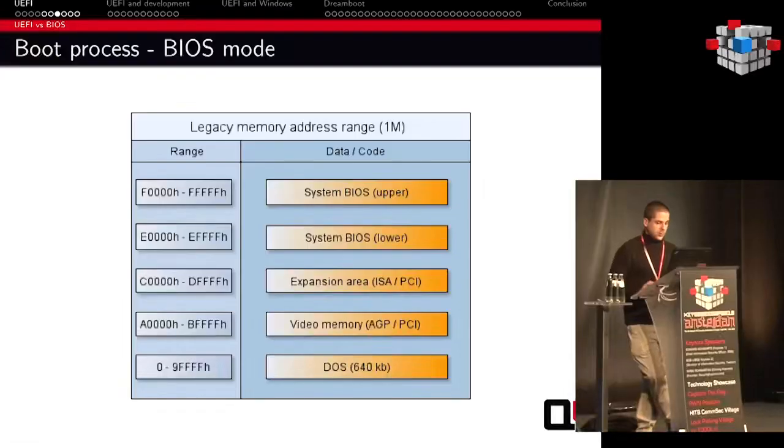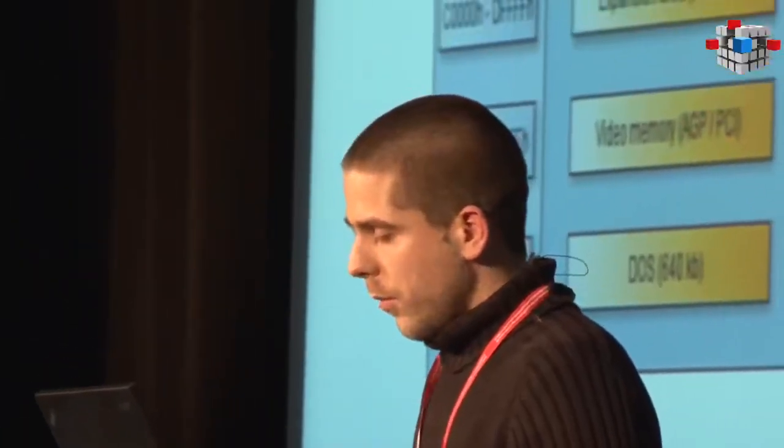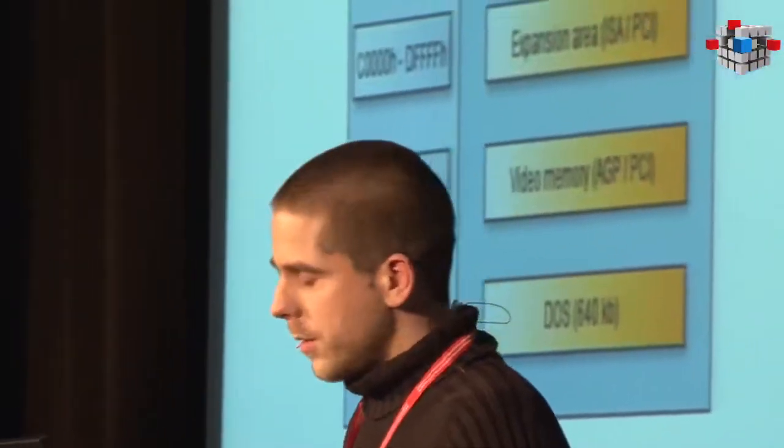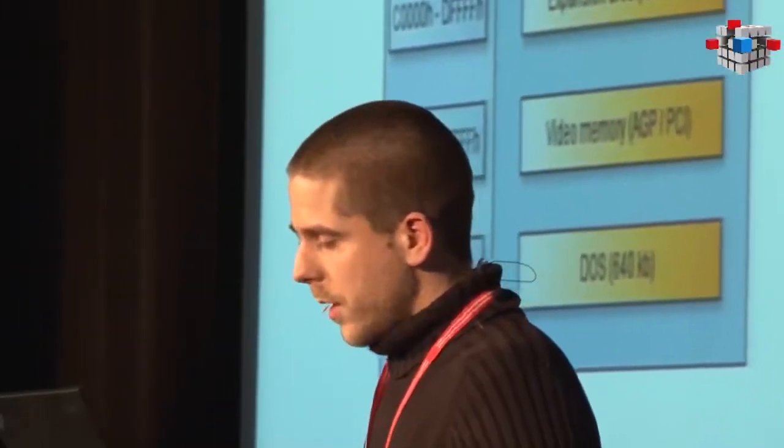So yes, just to remember BIOS, when BIOS was there, and the real mode addressing, you had 1 megabyte of memory. It was very boring to develop on it. You only have little memory, a fixed address to write on the video frame buffer. It was very boring, and today it's a bit old school to develop like that.